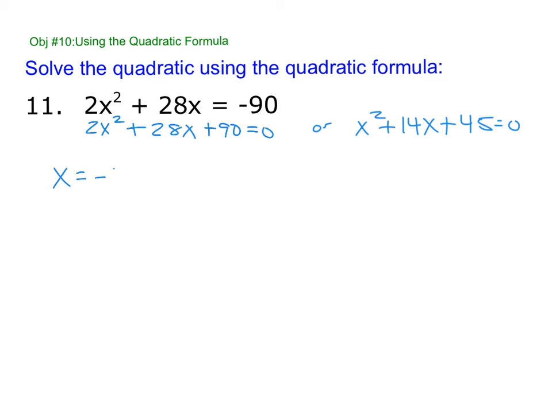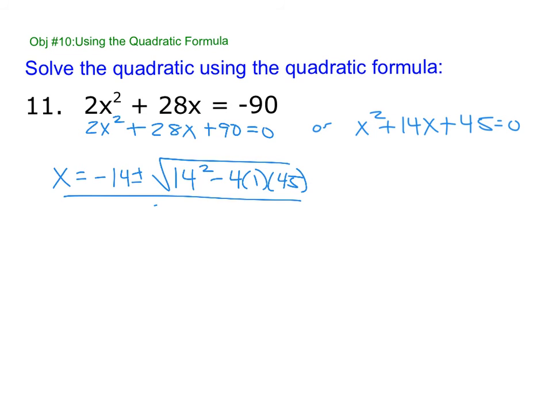X equals negative 14 plus or minus the square root of 14 squared minus 4ac, all over 2 times 1. That's 196 minus 180. Oh, this is a nice number. 45 is 5 and 9.